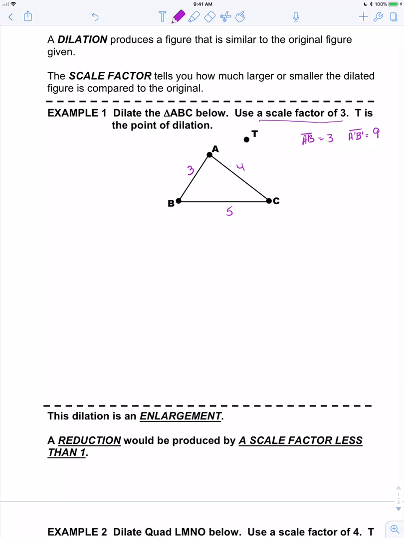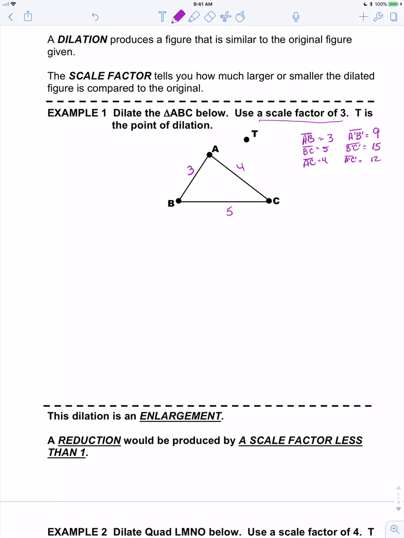If B to C is 5, then the new B prime C prime should be 5 times 3, 15. AC is 4, so A prime C prime is 4 times 3, which is 12. Anytime we do some kind of dilation or transformation, we always label the new one as the prime, with the little mark above it.